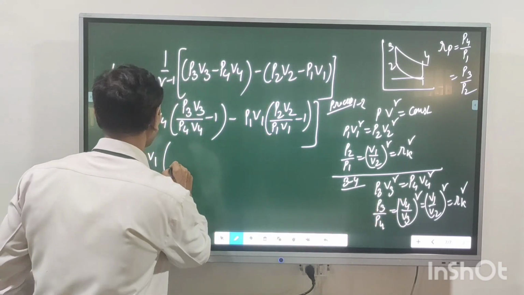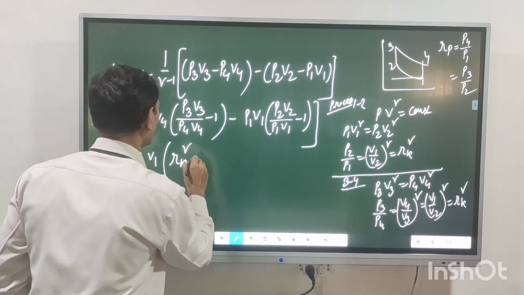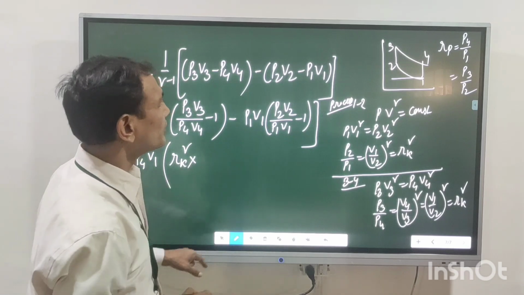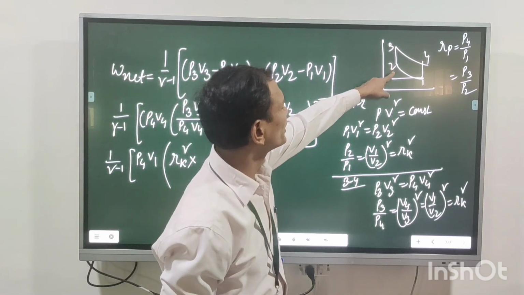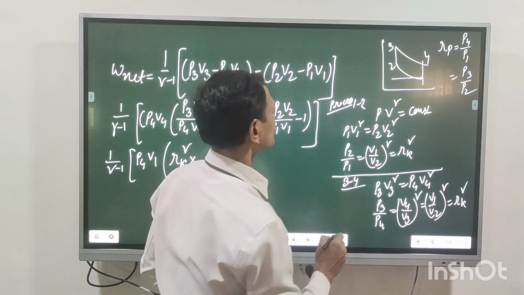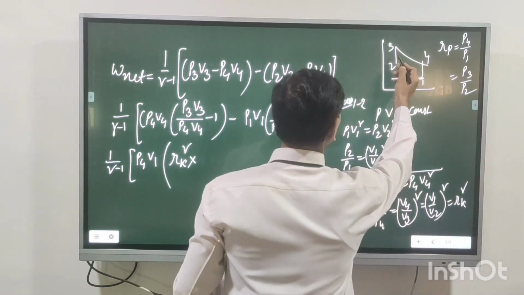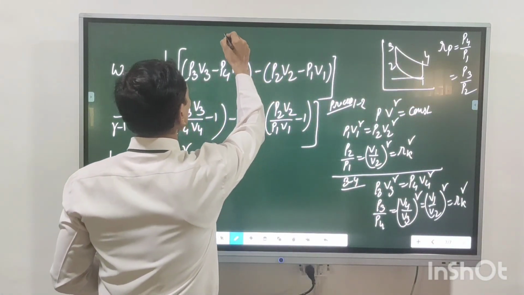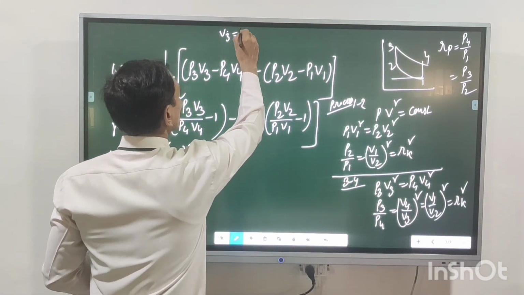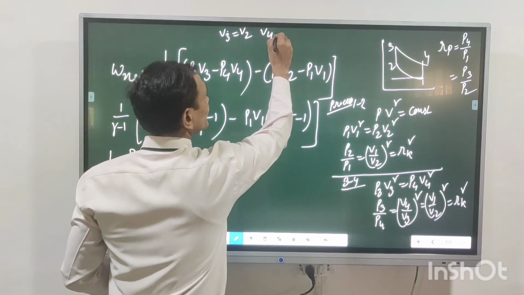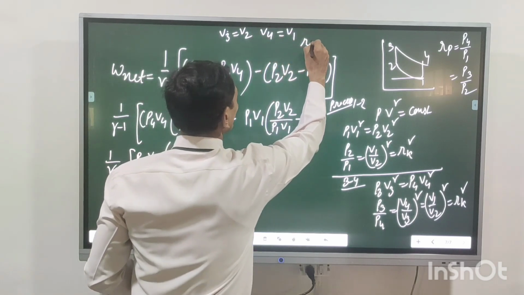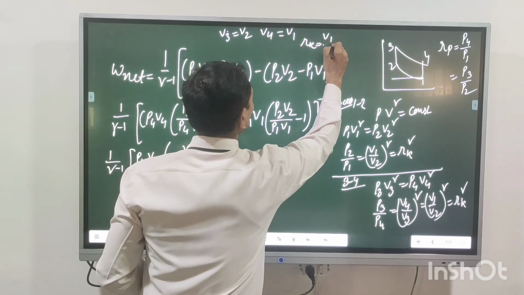RK gamma into V3 by V4. V3 is equal to V2 and V4 is equal to V1, and RK compression ratio is V1 upon V2.